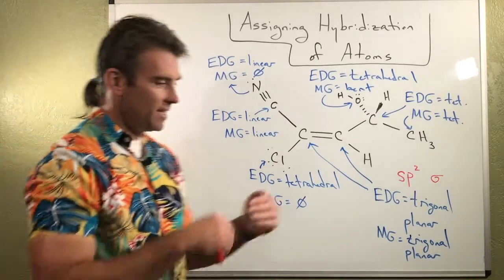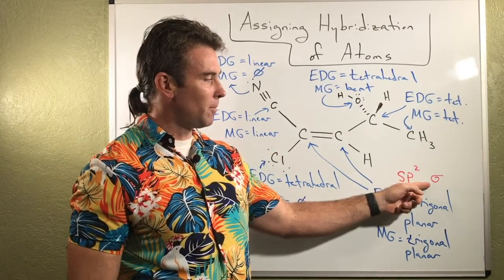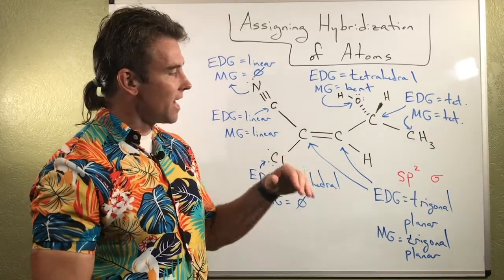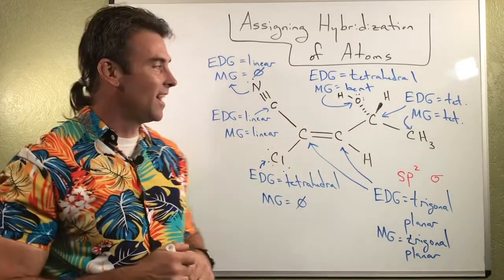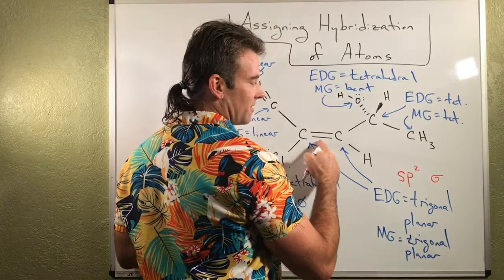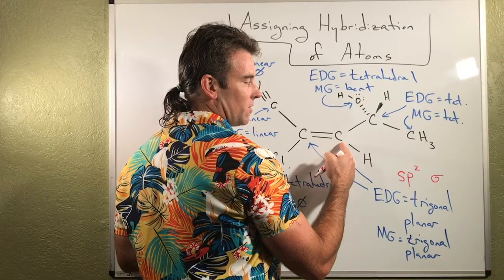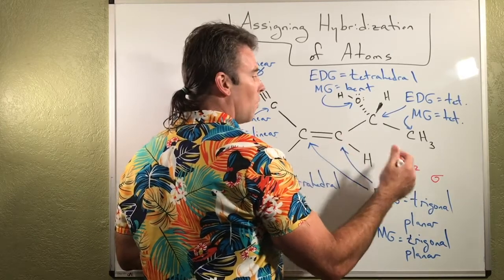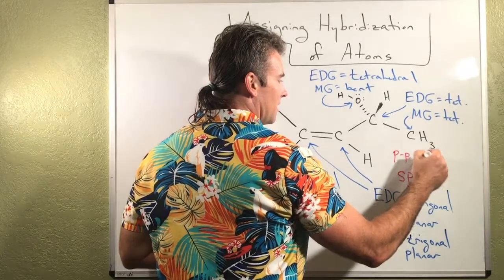Anytime you've got head-on overlap of orbitals, that's called a sigma bond. And then the sideways overlap that's happening right here, which is really tough to draw, that's called a pi bond. And so this double bond right here is made up of the overlap of 2 sp2 hybrid orbitals and then 1 pi bond, specifically a pp pi bond.